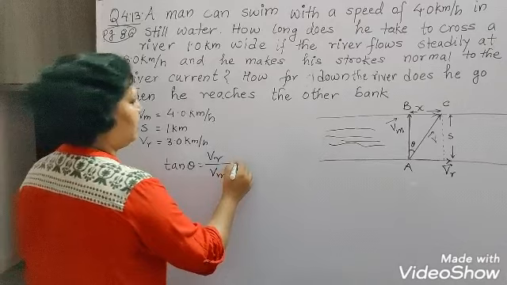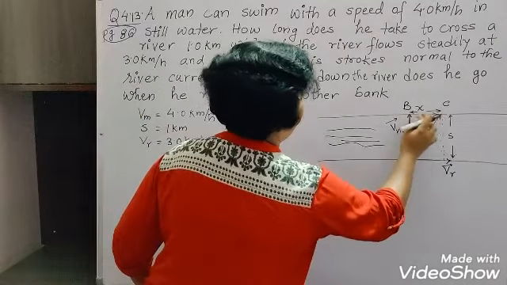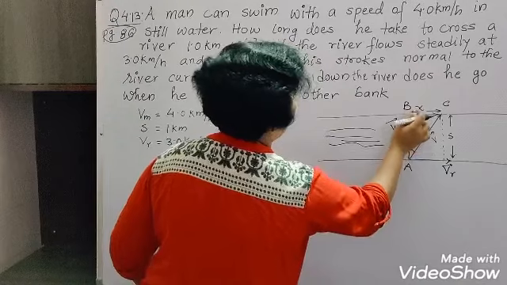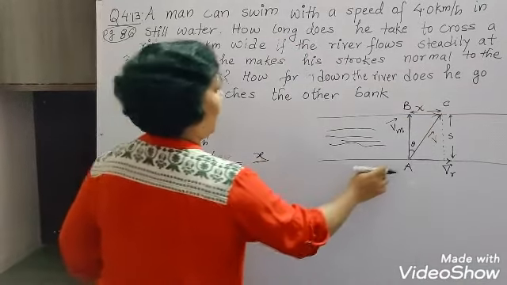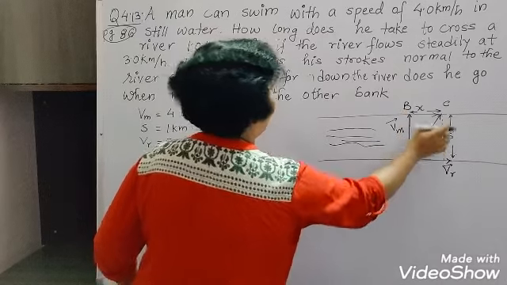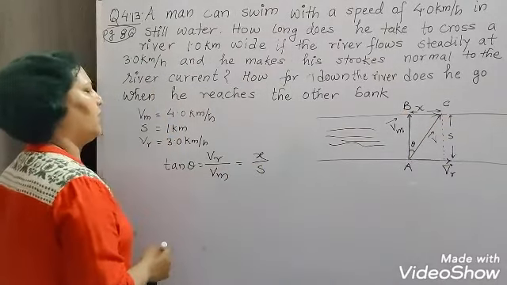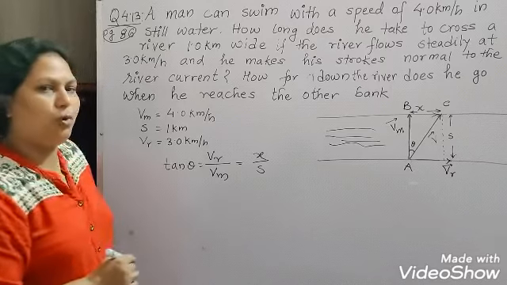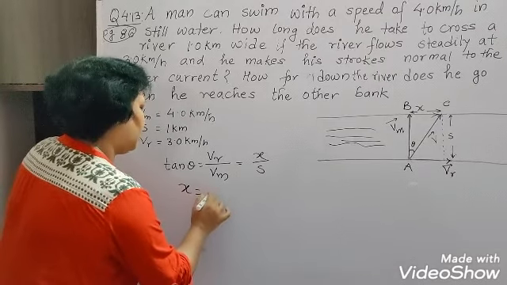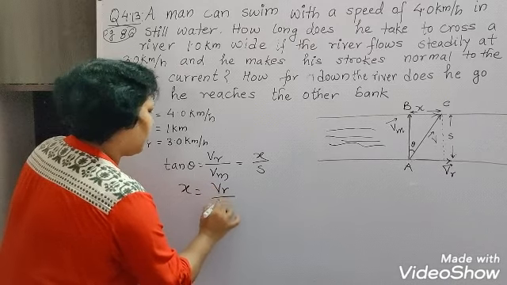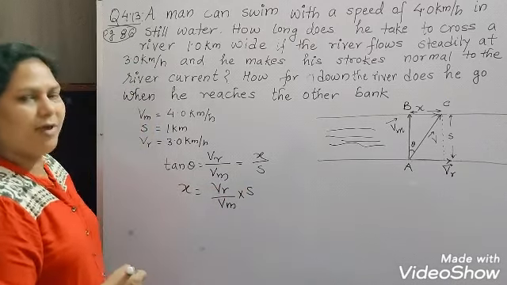Similarly, tan theta is BC upon AB, so BC is X and AB is S in terms of distance. This formula we have already derived. That means X is equal to VR upon VM multiplied by S. Now we will put the values here.